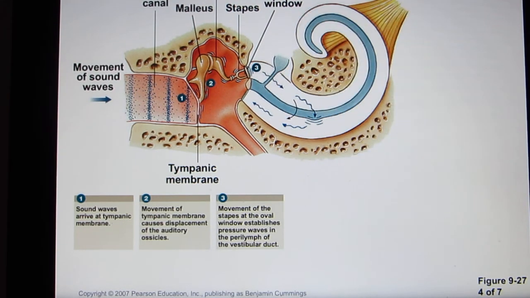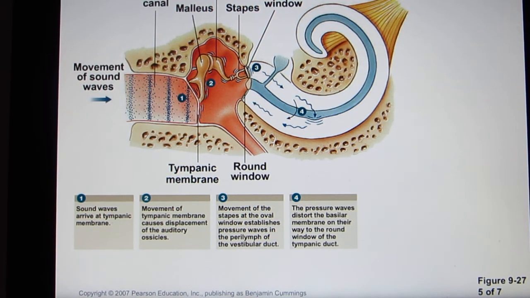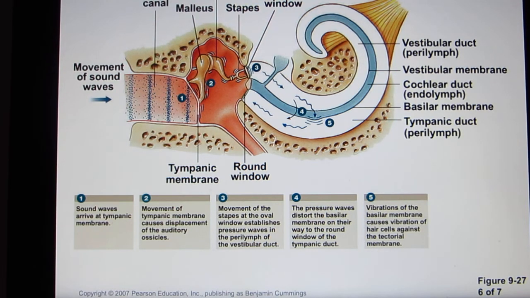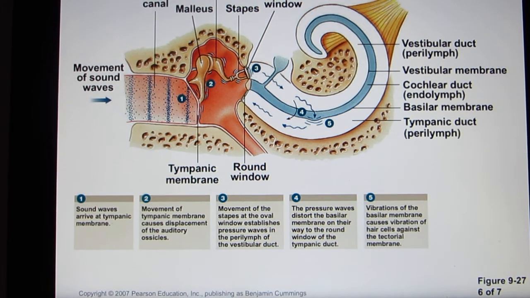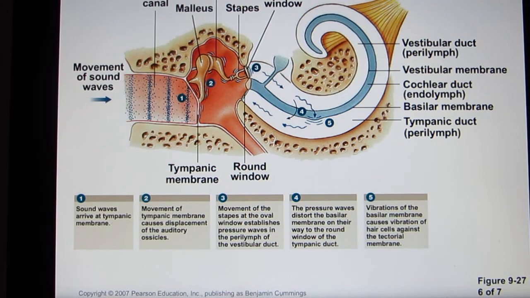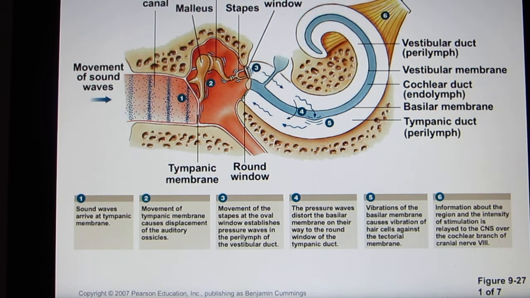So they bend the basilar membrane, and the hair cells are bent. When the hair cells are bent, they release neurotransmitter and trigger an action potential. It goes through cranial nerve number 8 to the brain. So in the auditory system, everything is mechanical.